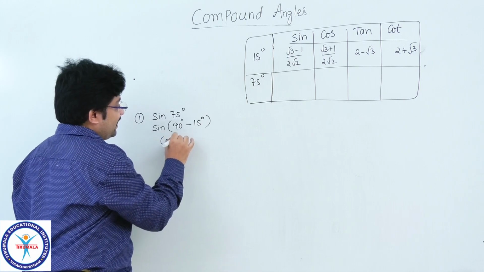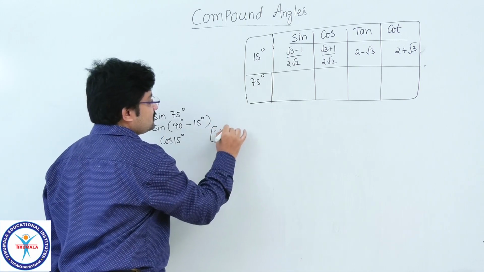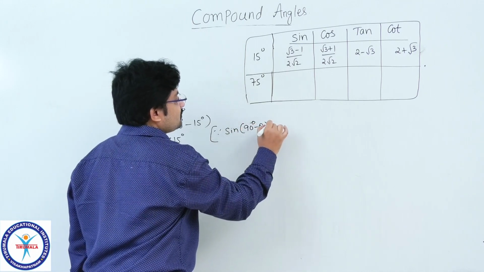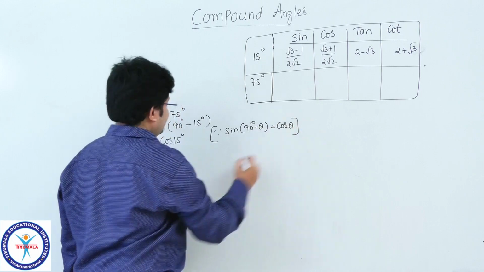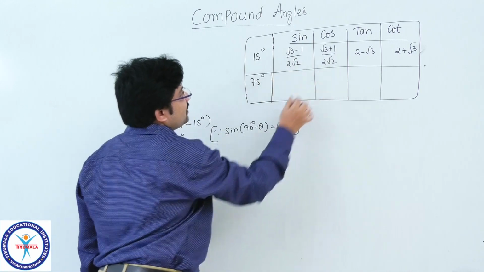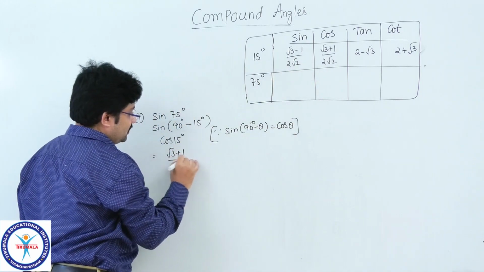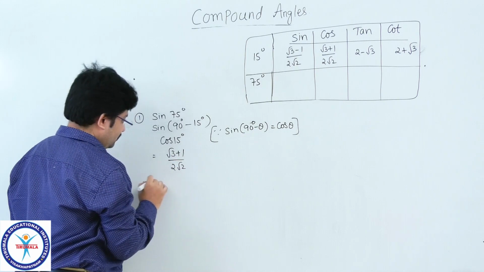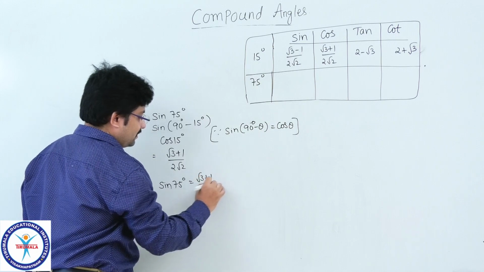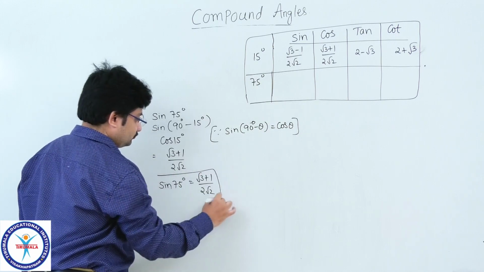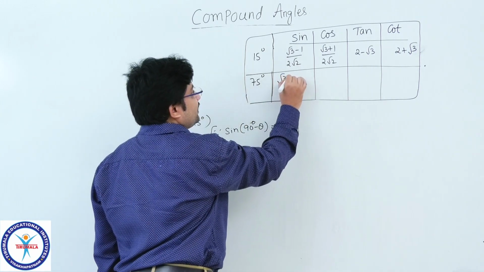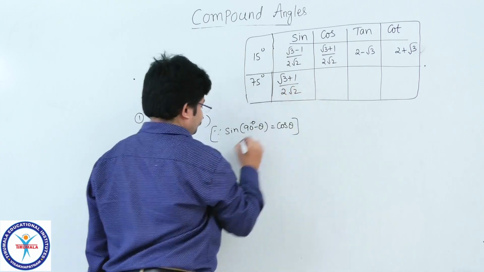Now it becomes cos 15 degrees. So already we have the value of cos 15 degrees, that is (root 3 plus 1) by 2 root 2. Therefore, sin 75 degrees is equal to (root 3 plus 1) by 2 root 2. So let us write down in the table. It is (root 3 plus 1) by 2 root 2.